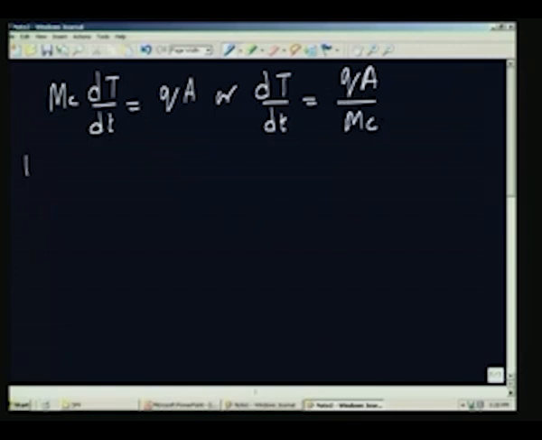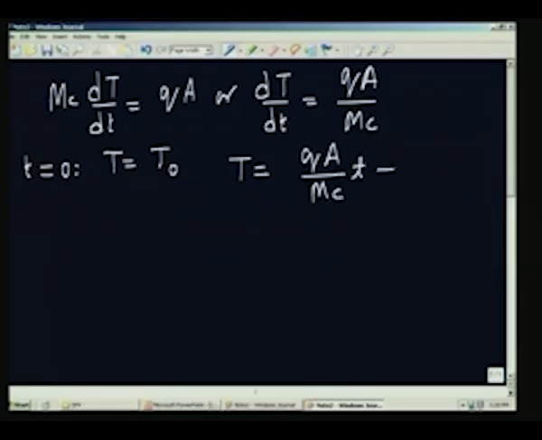and initially at t equal to 0, we are assuming that T is equal to T naught, which is the temperature of the slug at t equal to 0. Therefore, if you integrate this once, you will get T equal to QA by mc multiplied by t plus some constant of integration, and putting t equal to 0, T equal to T naught, that is what is going to happen.